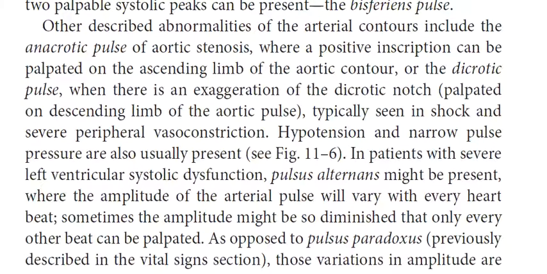In patients with severe left ventricular systolic dysfunction, pulsus alternans might be present, where the amplitude of the arterial pulse will vary with every heartbeat. Sometimes the amplitude might be so diminished that only every other beat can be palpated.